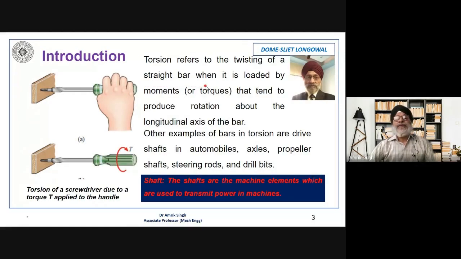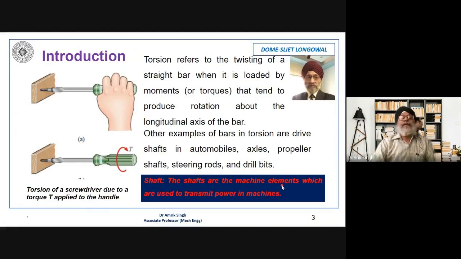Other cases are automobile axles, propeller shafts in the case of engines, steering rods, drilling bits, etc. In a nutshell, shafts are machine elements which are used to transmit power in a machine.